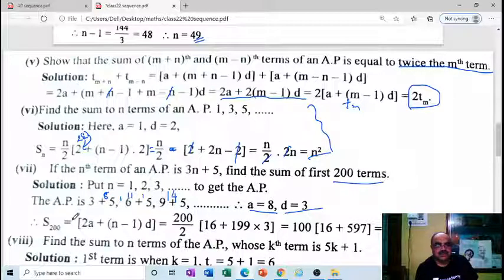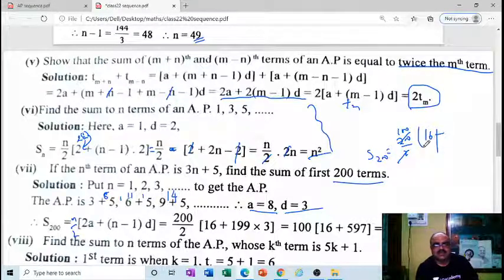Sn is n by 2 into 2a plus n minus 1 into d, and n is 200. N by 2 is 200 by 2, which is going to be 100, into 2a, 2 into 8, 16.